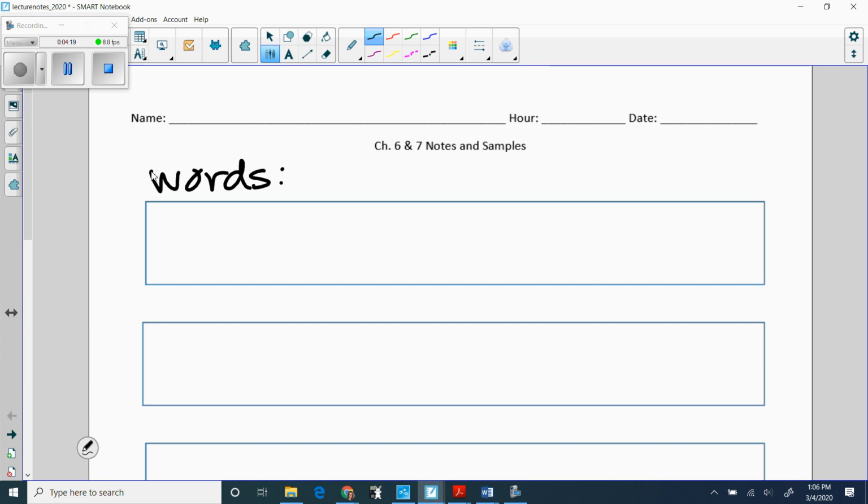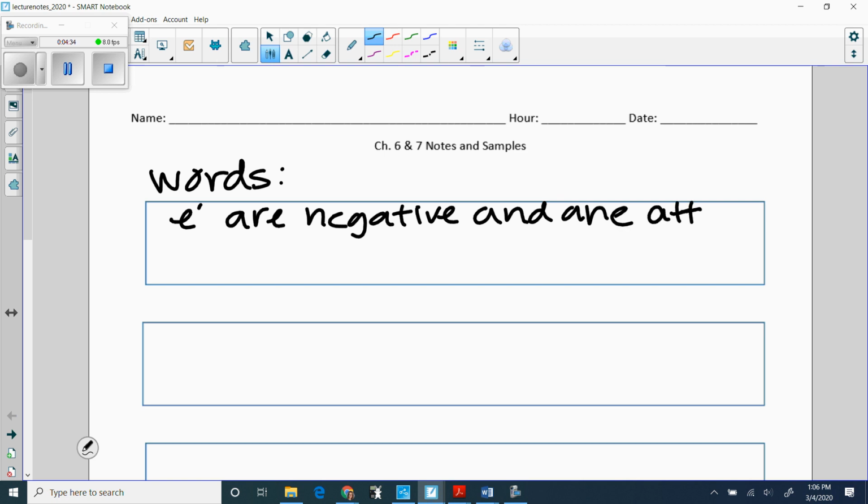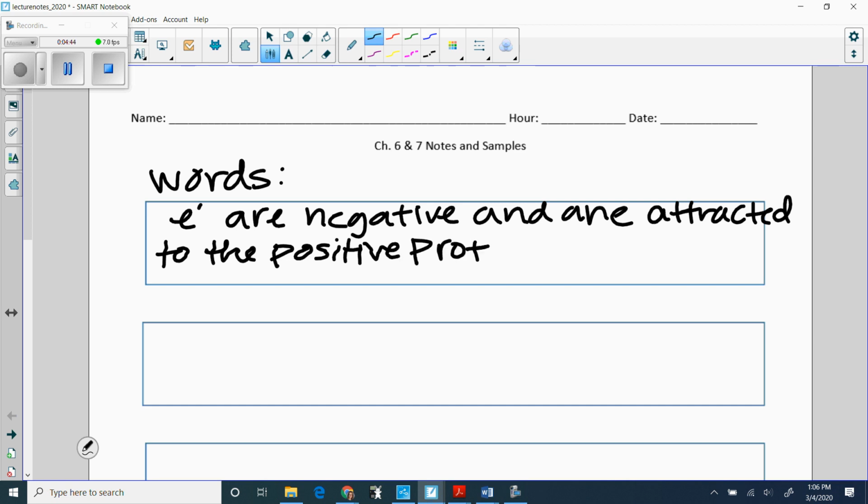So the first box of words: electrons are negative and are attracted to the positive protons in the nucleus.